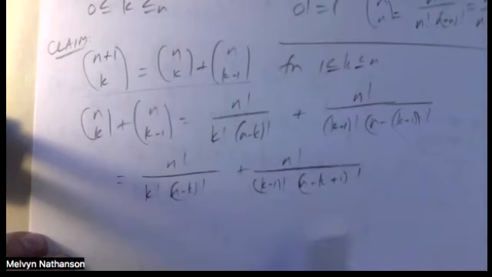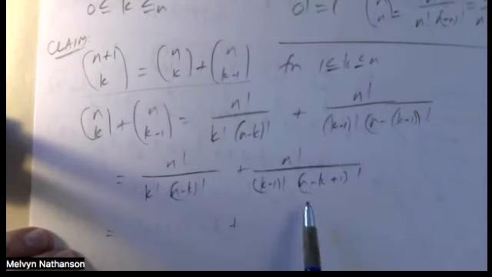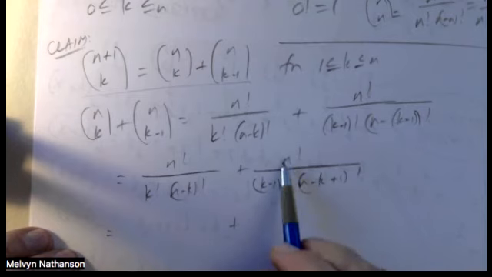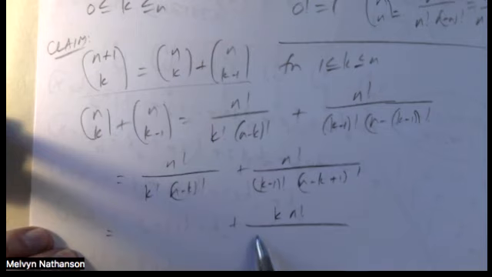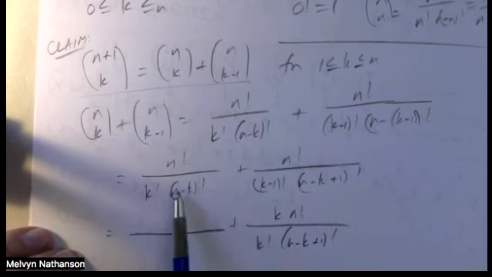If I multiply top and bottom by k here, I get k times n factorial over k factorial n minus k plus 1 factorial. And here, if I want the same denominator, I have to multiply the numerator and denominator by n minus k plus 1.